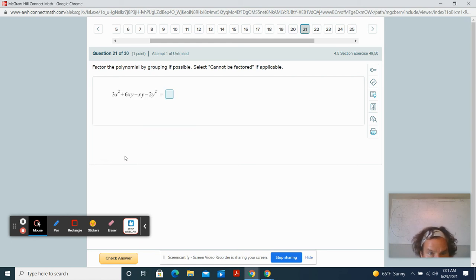All right, so let's look at this one here. Remember that the whole goal of factoring by grouping is to get those in parentheses the same. All right, so let's see. First step, let's draw the parentheses.